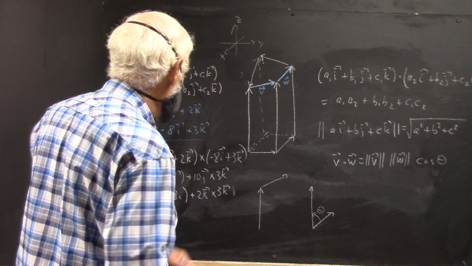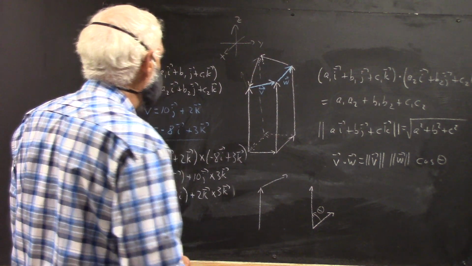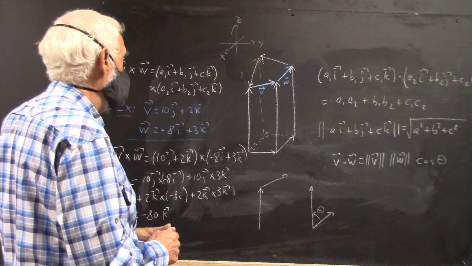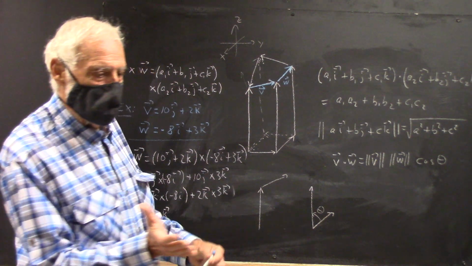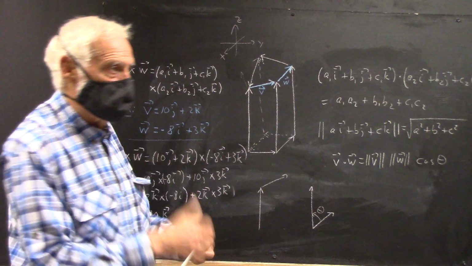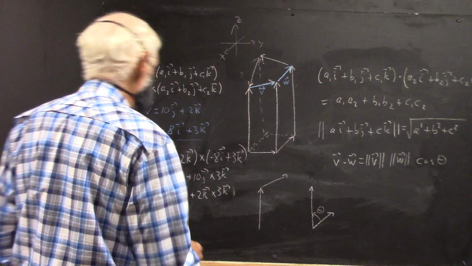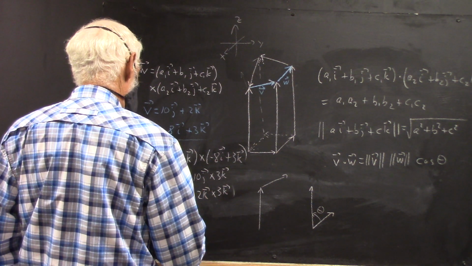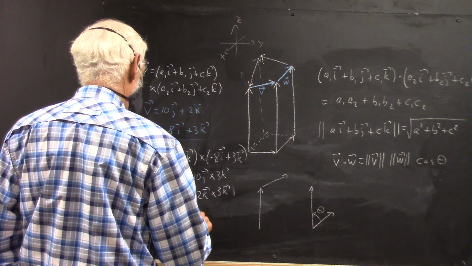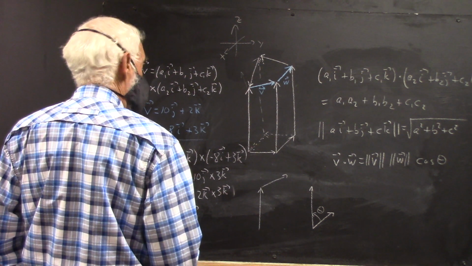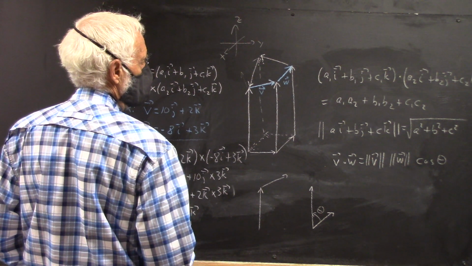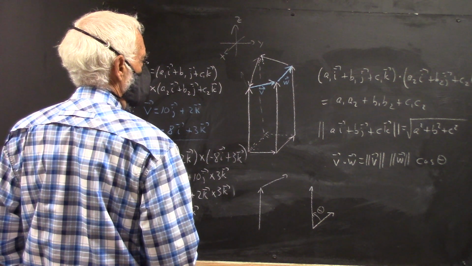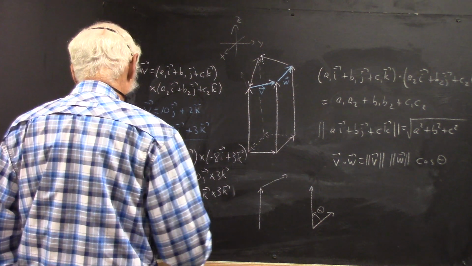And then 10I cross 3K, well, I cross K is negative J, right? And that's going to be minus 30K. Yeah, that's going to work.